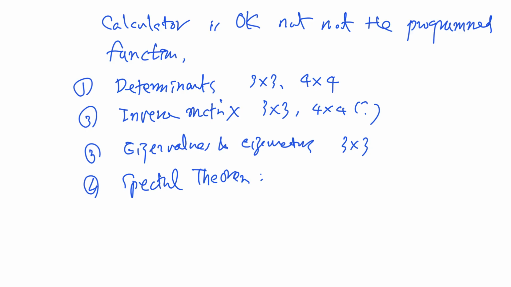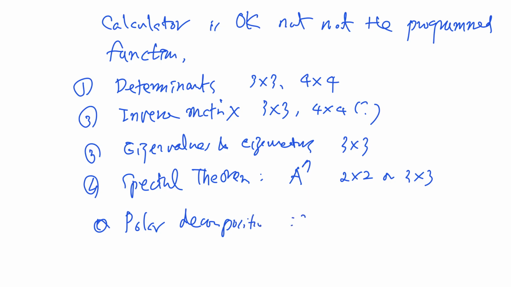A to the 7? Okay, A to the 7. Maybe 2 by 2 or 3 by 3. And polar decomposition. I think that's 2 by 2.